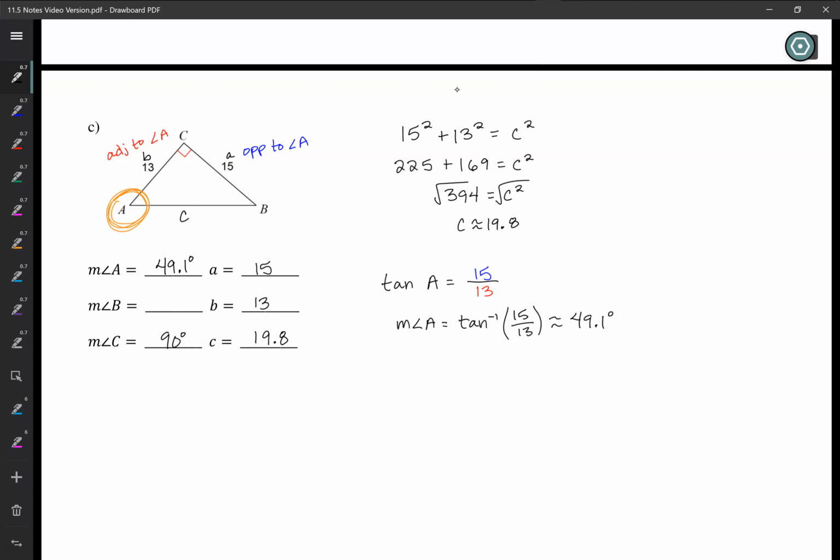All right. The easiest way to find angle B would probably be subtract that from 90 degrees. And that would be 40.9 degrees.